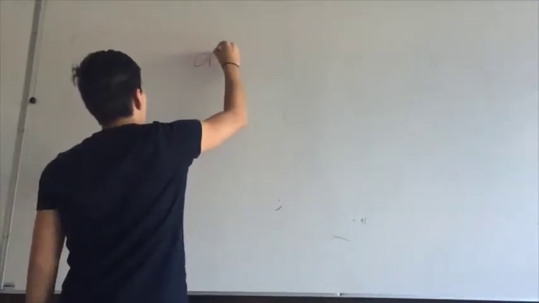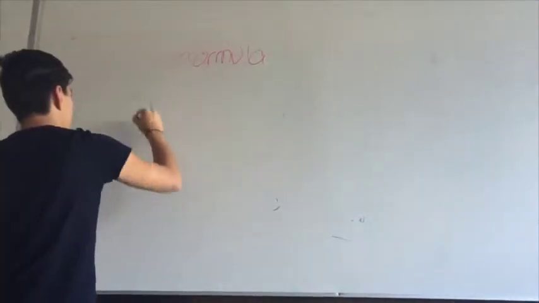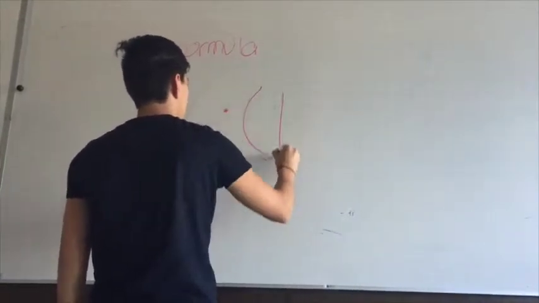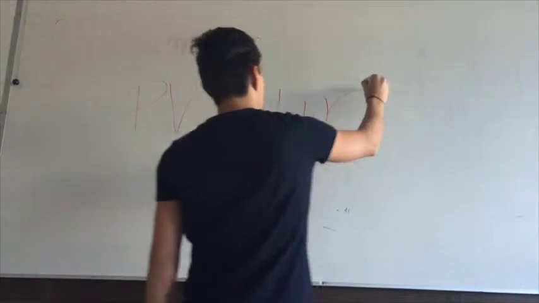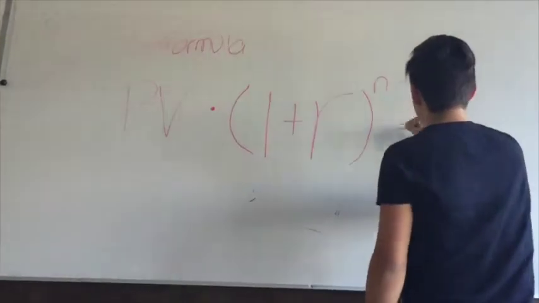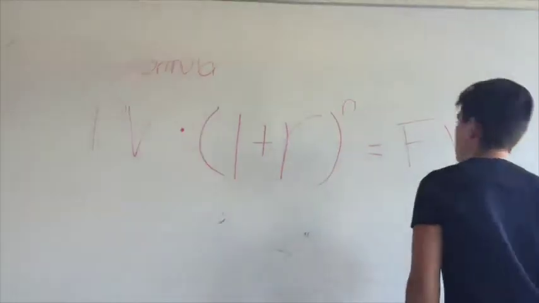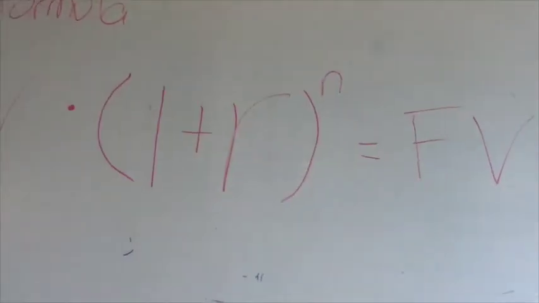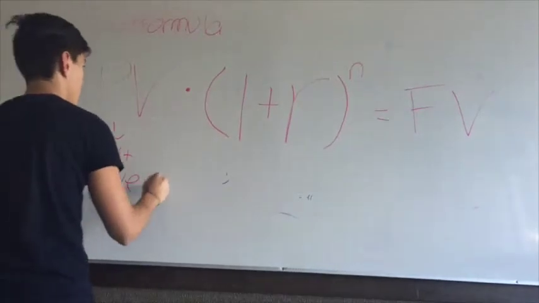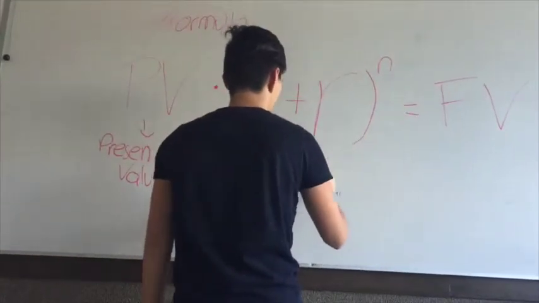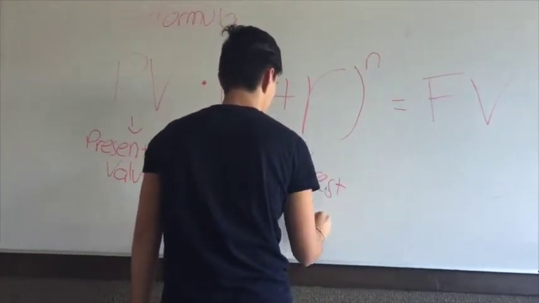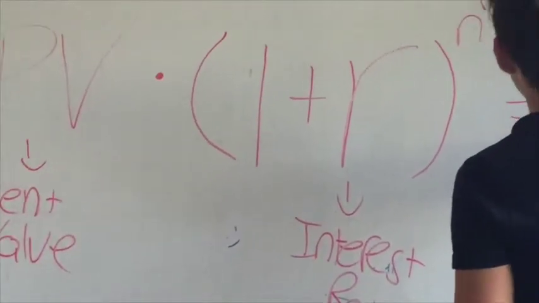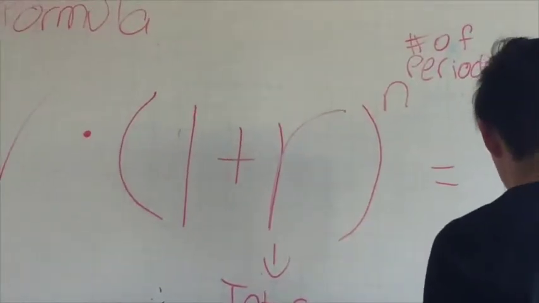The formula for compound interest is PV times (1 plus R) raised to the n power equals FV. PV being present value, R being interest rate, n being the number of periods, and FV being the future value.